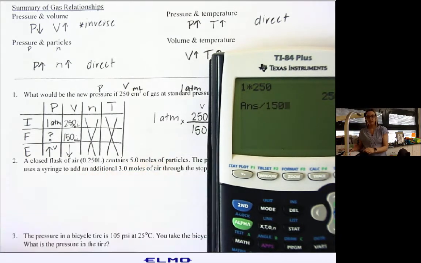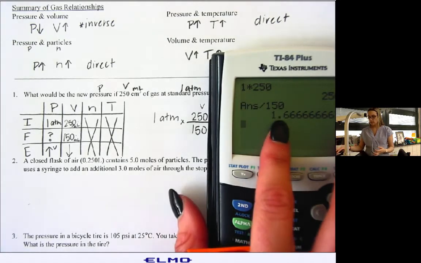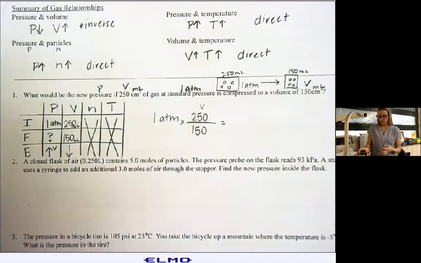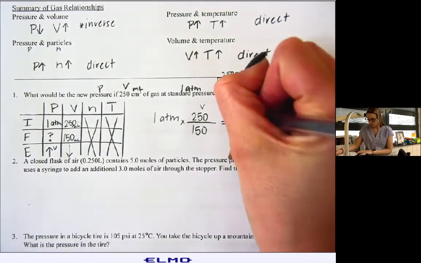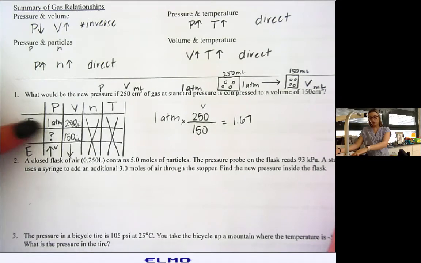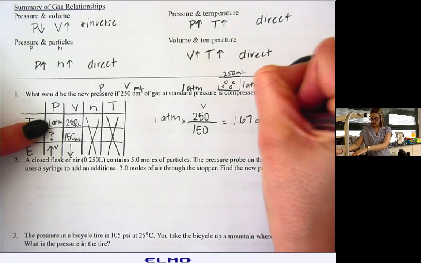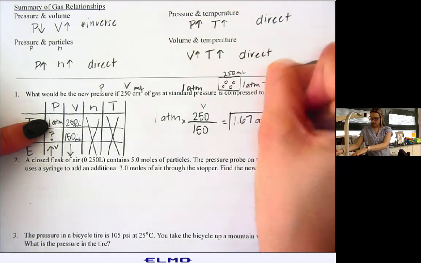Divide by 150. You get 1.6 repeating. So if I want to round to, say, 2 decimal places, 1.67. Now just look at your initial unit of pressure. Atmospheres, our answer's in atmospheres.